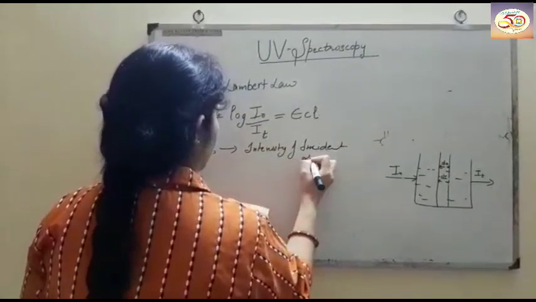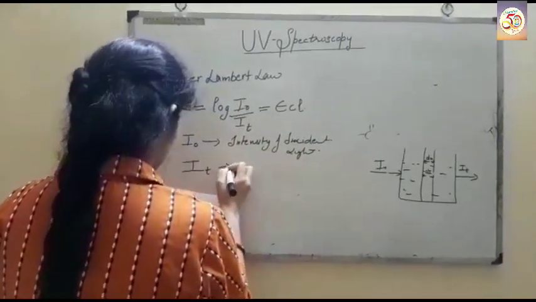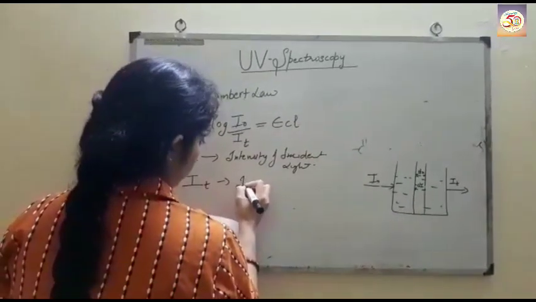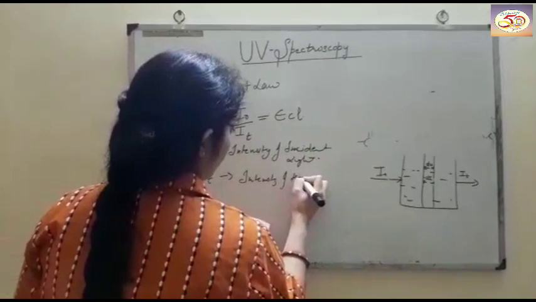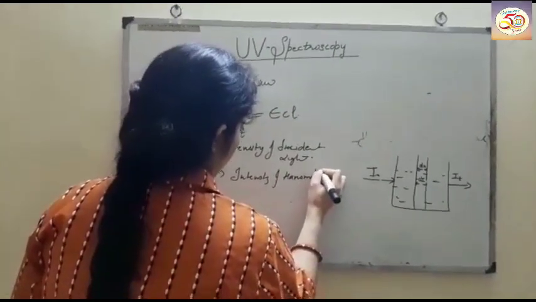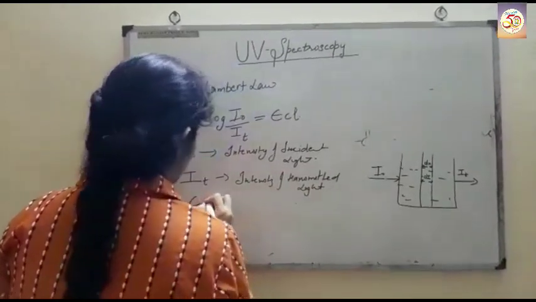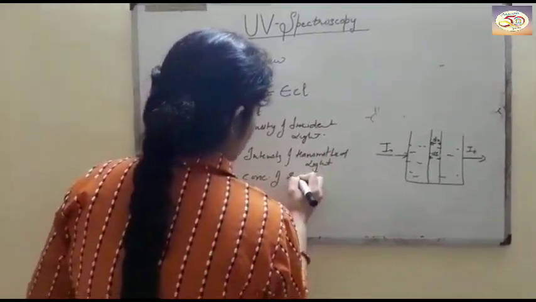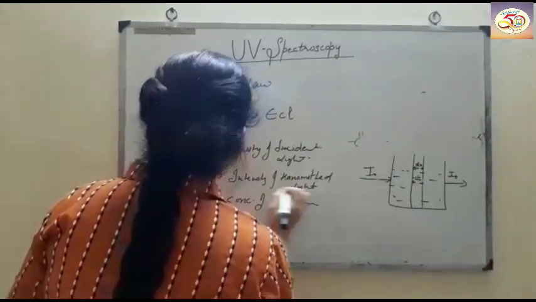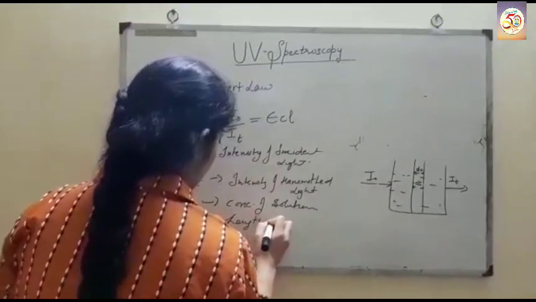And I T is the intensity of transmitted light. C is the concentration of the solution and L is the length of the cell.